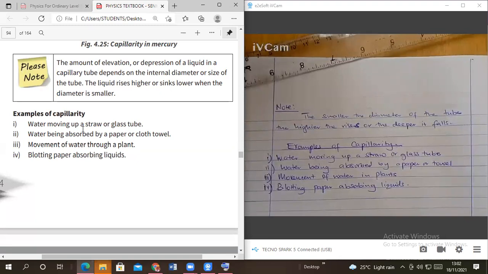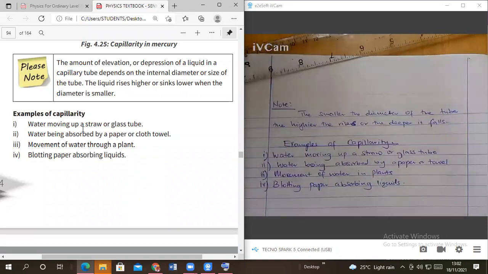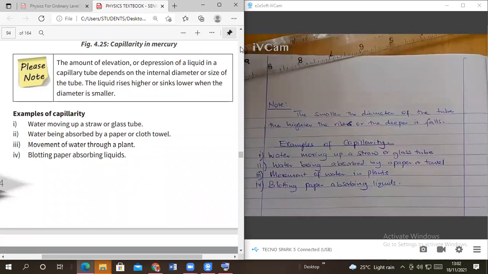There is what we call color chromatography. Have you ever heard of it? Sean? Do you know what we call color chromatography?